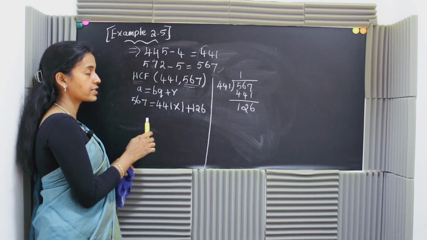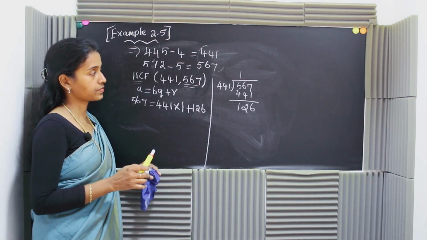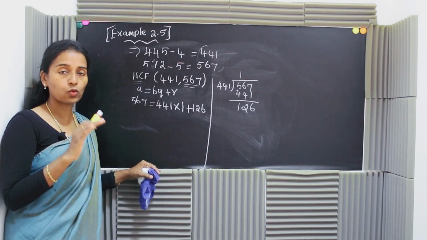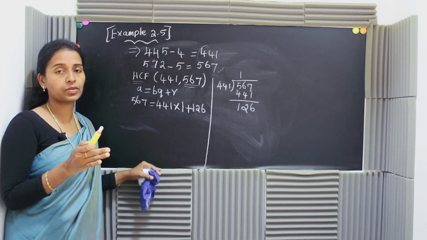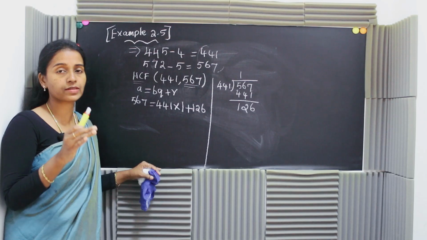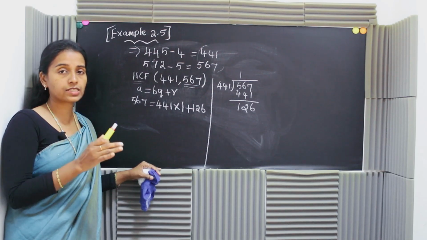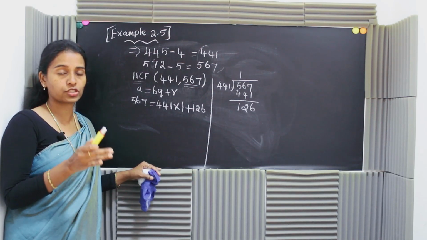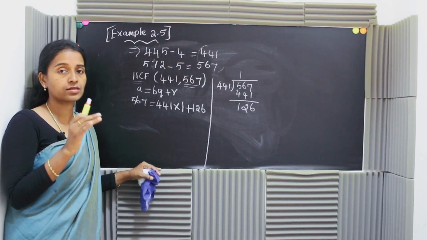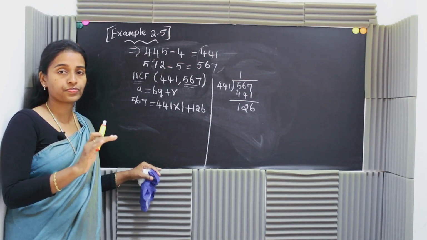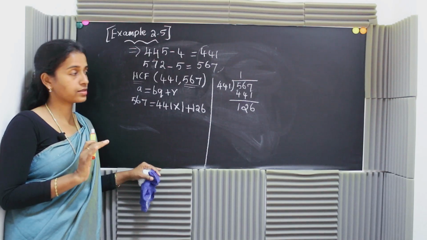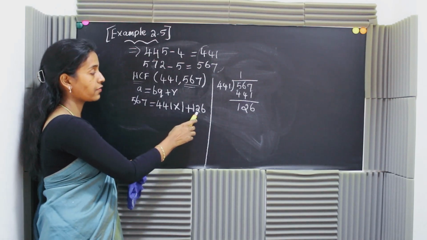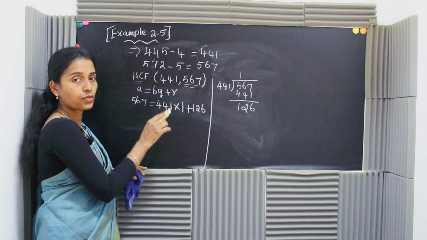What is Euclid's division algorithm? We should divide one number by another number until we get the remainder as 0. In each step, we should apply Euclid's division lemma, right? That is the procedure of Euclid's division algorithm. Now, we have gotten remainder as 126.